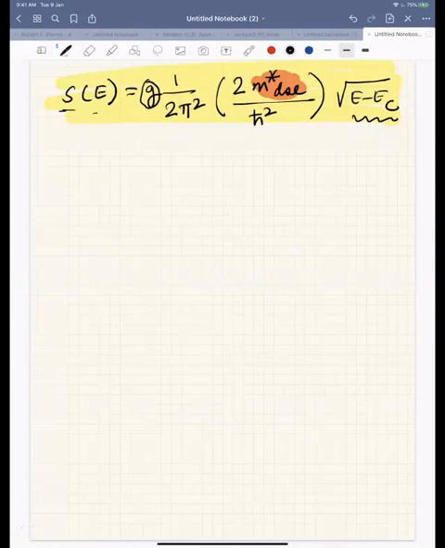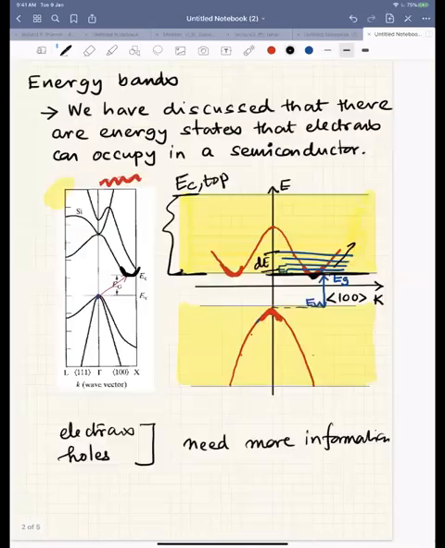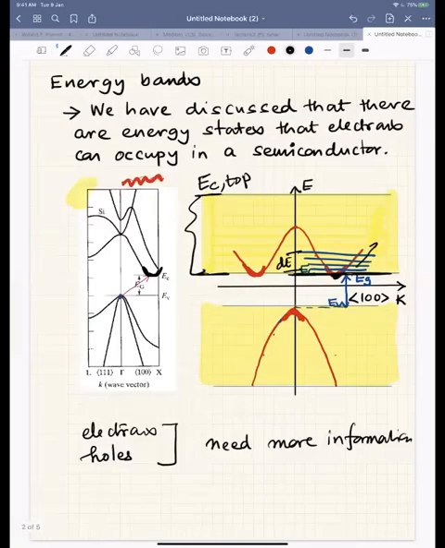Similarly for germanium, the factor of degeneracy is 8, because it happens in the 111 direction. If you remember our last class, in germanium the bottom of the conduction band is near the L point, called the L valley, and we have 8 L valleys in germanium.